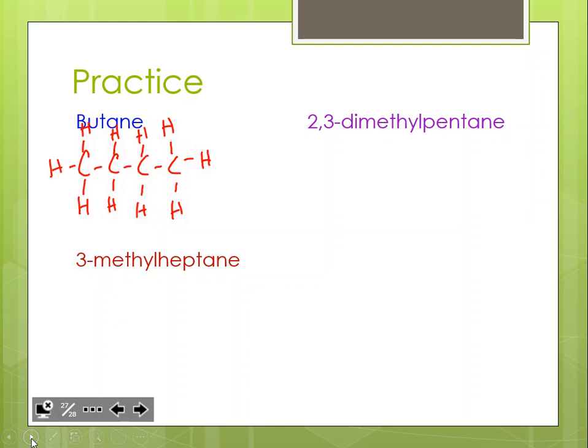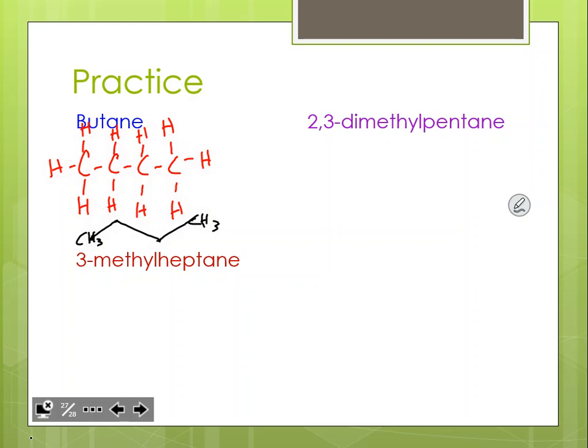Or you could use the stick figures. So, like this is a carbon, this is a carbon, this is a carbon, this is a carbon. You could leave it like that too, you don't have to add anything. Or you could be like the way they do it where they put CH3 here and they put CH3 here. You could do it that way too if you wanted.